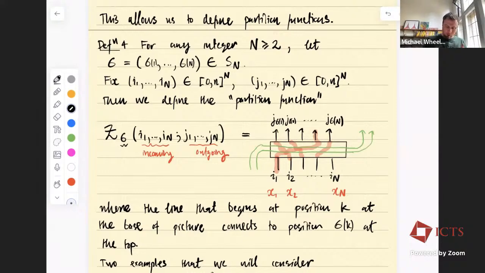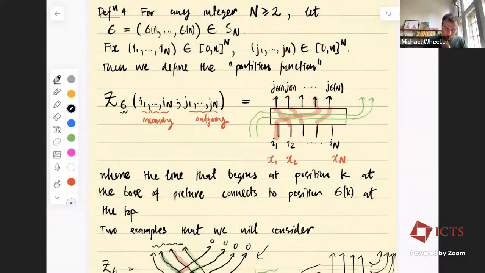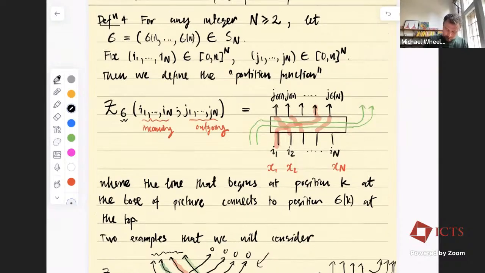Yeah. So it's a little bit confusing. Maybe I mean the inverse, sigma inverse. I always get confused on this point, but basically, in words, I can explain what's happening. You take line number 1, and line number 1 needs to terminate at position sigma 1.